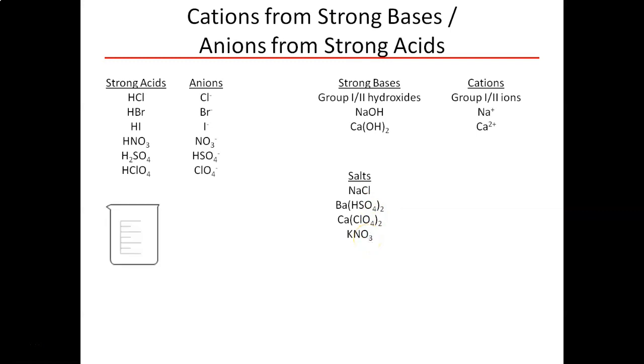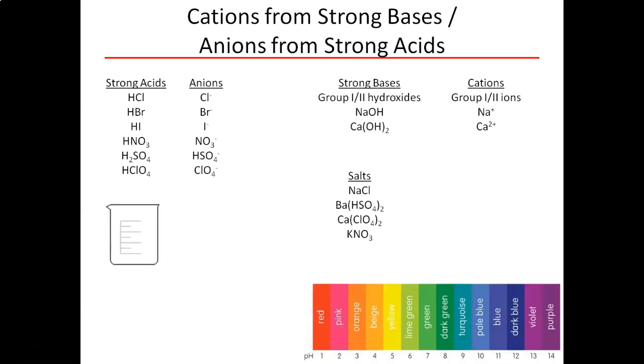If we were to take these salts and we have a solution of them, and I was able to add some universal indicator, which would indicate the pH of the solution, I find that it has a green color. So I've added universal indicator to any one of these solutions and it has a green color. This green color tells me that pH is neutral.